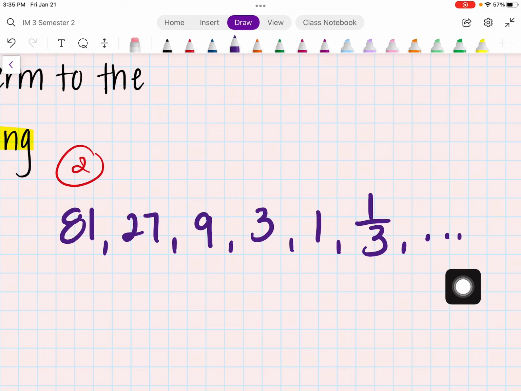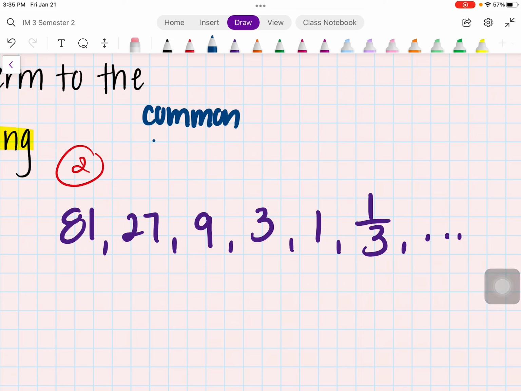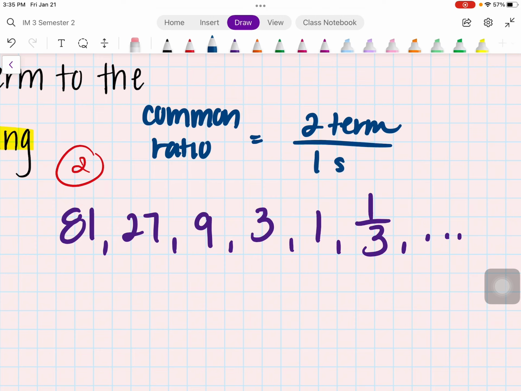One way for us to check in this case, guys, because we really can't do addition or subtraction here because it's not the same over each term, if we want to find here our common ratio, we're going to actually divide the second term by the first term.